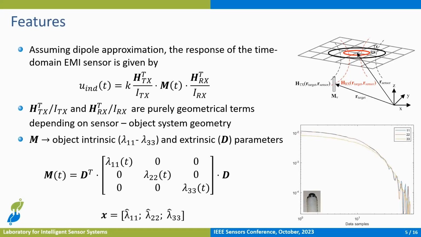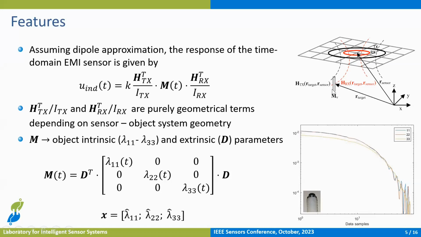So let's say something about the features that are used. A metal detector generates a time-varying magnetic field, which, passing through a metallic object, reacts with it and creates a secondary field, which is detected by the metal detector.